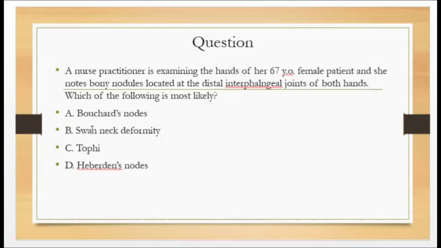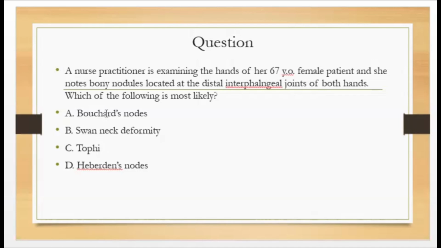This cannot be swan neck deformity. Swan neck deformity, that is not it. So you are left between Bouchard's nodes and Heberden's nodes. Which one is farther away? The one that is farther away is Heberden's nodes. How do you remember Heberden's nodes? Think of somebody smoking a herb: Heberden's, that is distal, away.